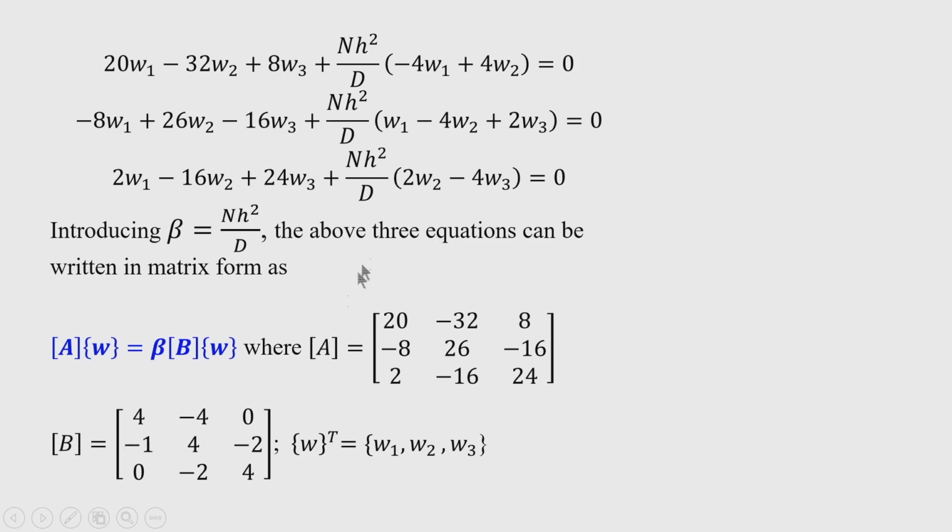So, this is minus 1, this is minus 4, this is plus 4 and this is plus 2, this is minus 2, like that. And here no W 1 is appearing. So, W 1 coefficient is 0 and then 2, if transferred to the right hand side, then minus 2, and this, when transferred to the right hand side, will become plus 4, and the W vector is composed of W 1, W 2, W 3.